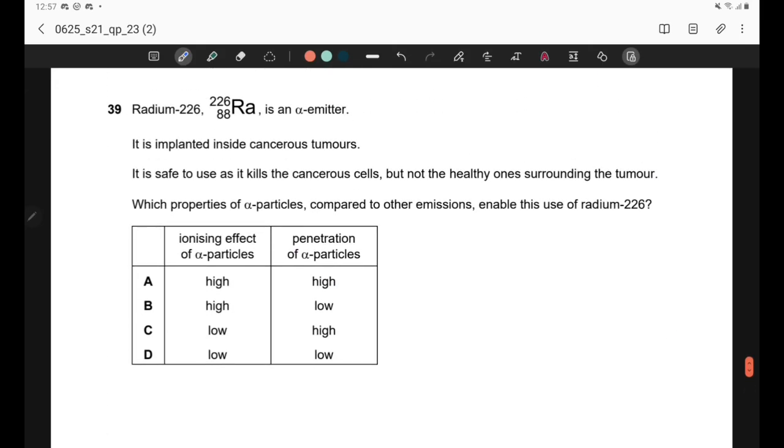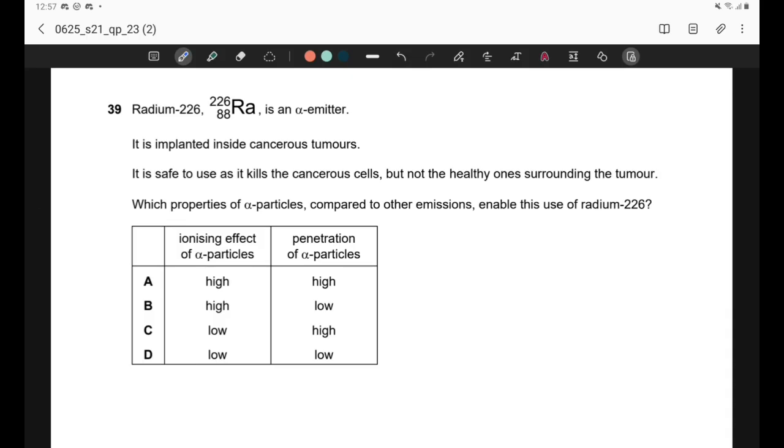Question 39. Radium-226 is an alpha emitter. It is implanted inside cancerous tumors. It is safe to use as it kills the cancerous cells but not the healthy ones surrounding the tumors.